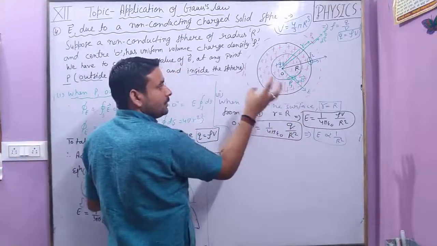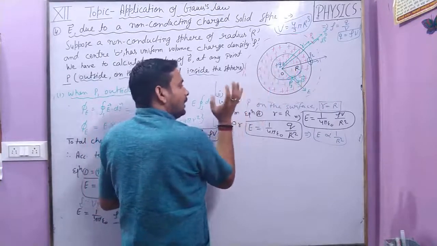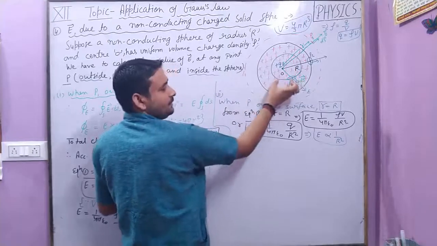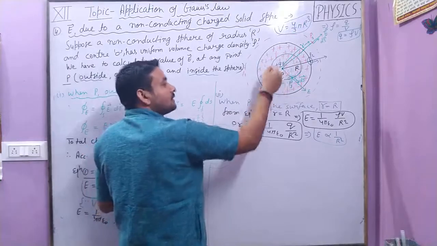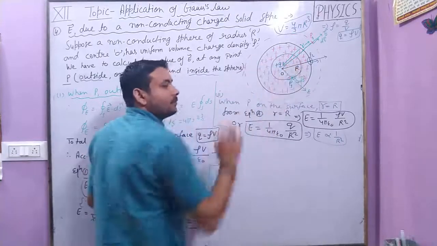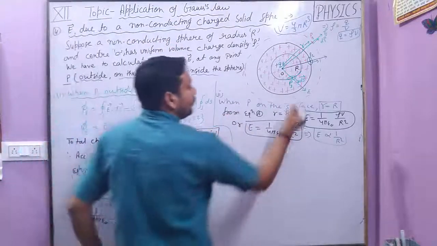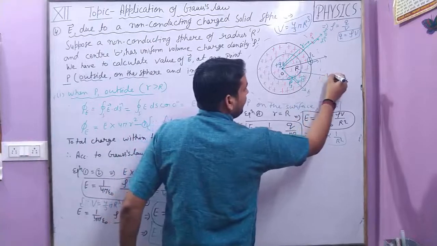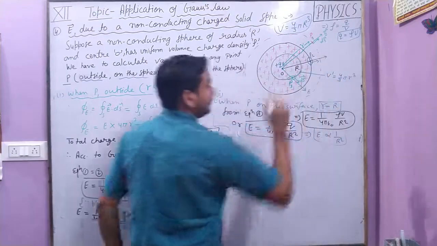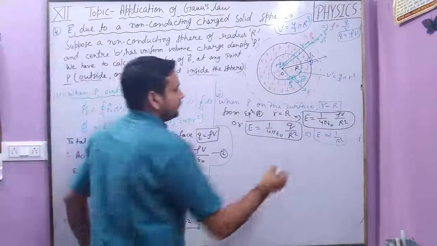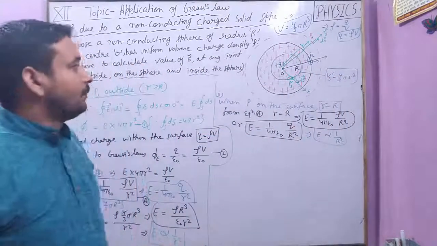Now as you see very clearly here, whatever is the size of the considered Gaussian surface inside the sphere, some charges are enclosed within the small sphere. So for this third sphere the volume will become V dash, which is equal to 4 by 3 pi r cube, which we have in the situation. V dash is the volume V3.